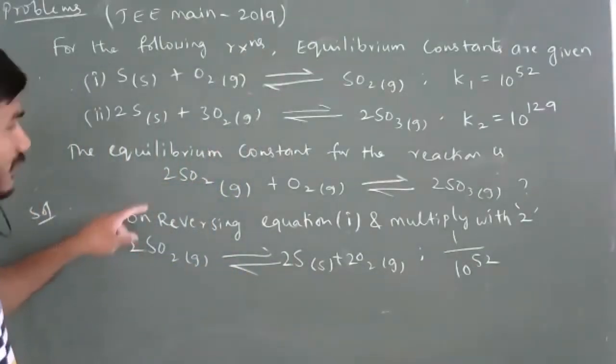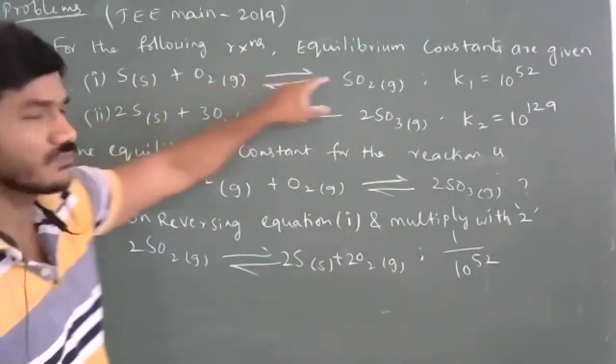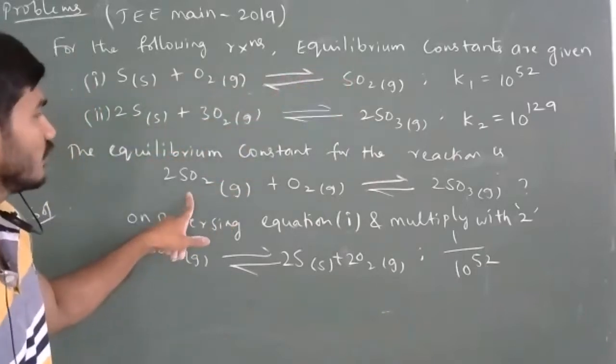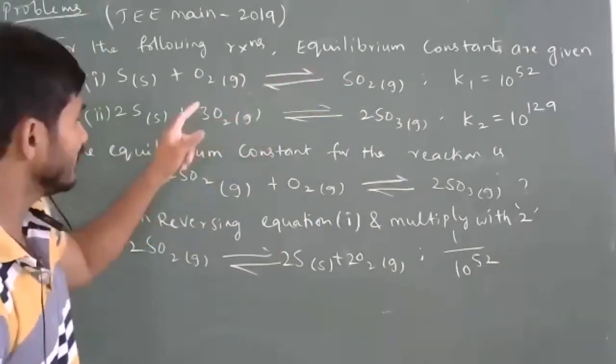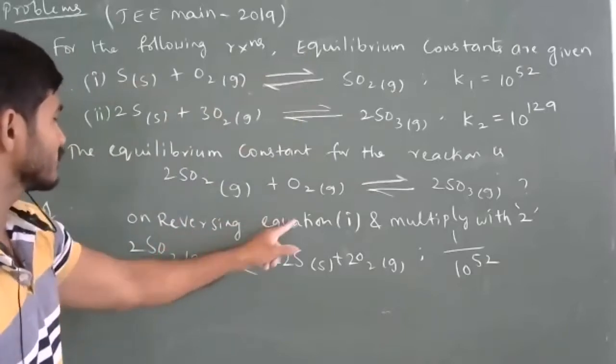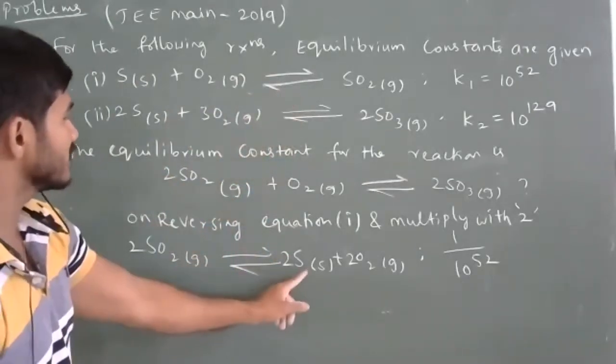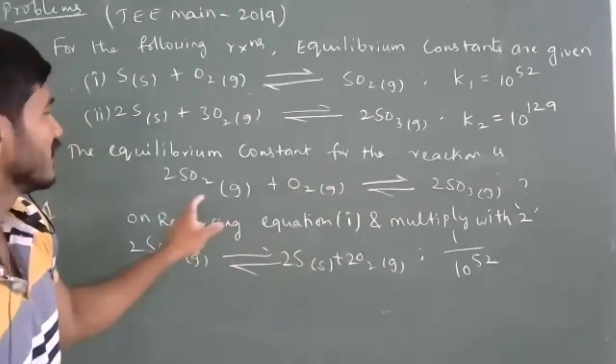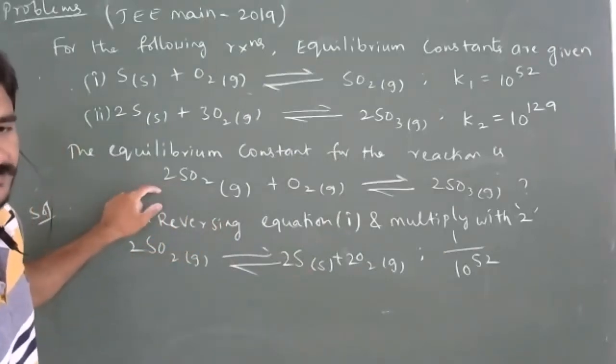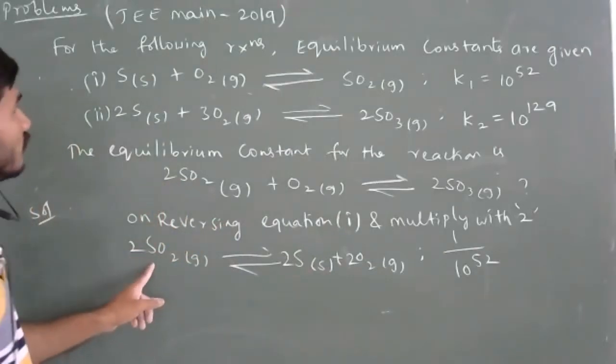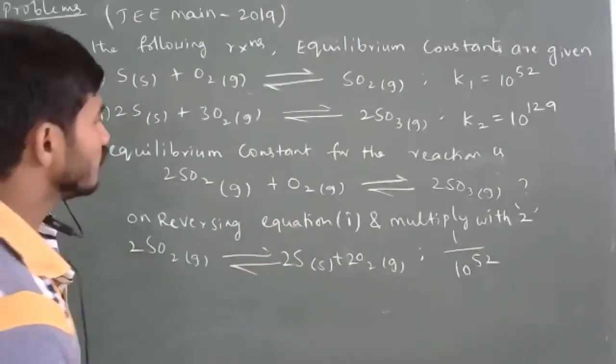Once again, listen. First equation: S plus O2 gives SO2. In the required equation I have 2SO2, so I'm reversing and multiplying. Reverse first: SO2 gives S plus O2. Multiply with 2 because the required equation has 2SO2: 2SO2 gives rise to 2S plus 2O2.